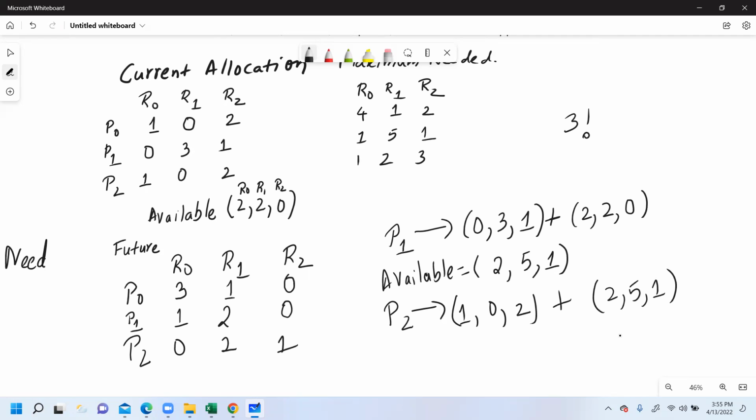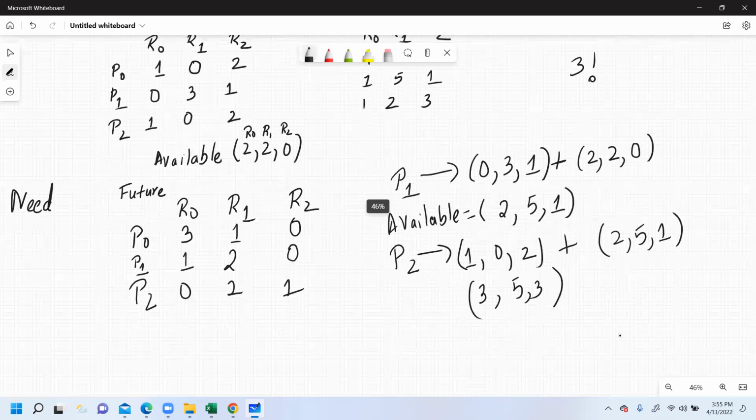So 2, 5, 1 becomes 3, 5, 3. So after P2 completes, the available vector is going to be 3, 5, 3.